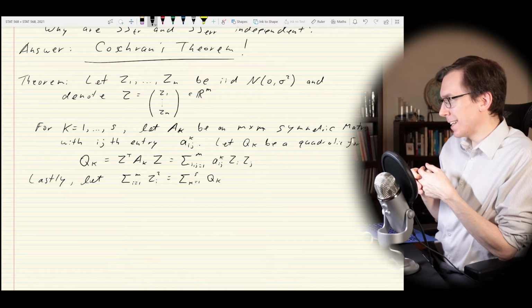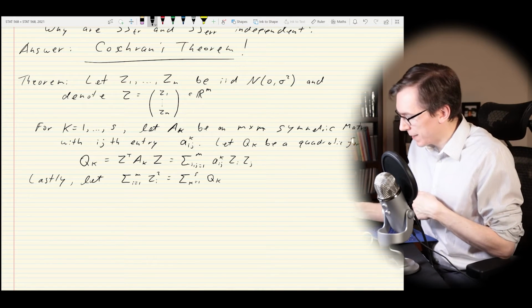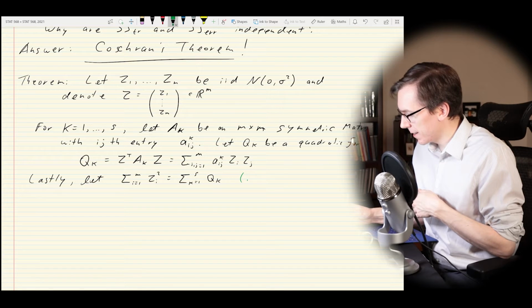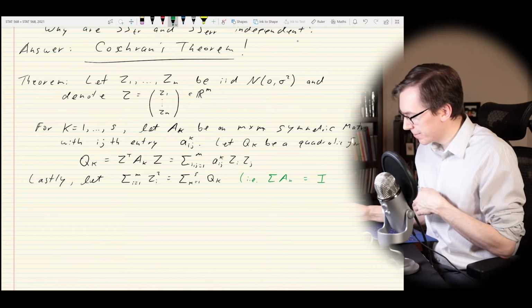We're going to get the identity matrix. If I got that right. Yes. I'll put that in the side comments here, i.e. the sum of the matrices A_k is going to just equal the identity I.